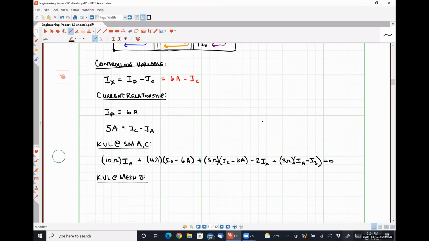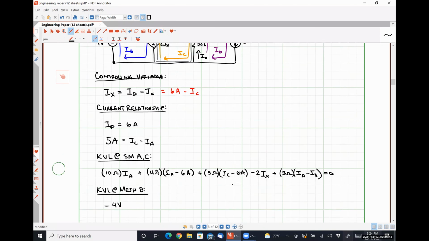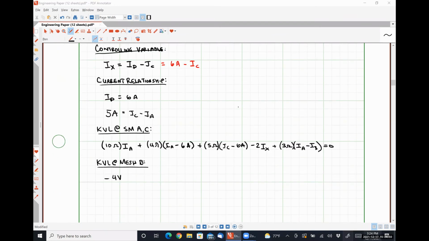We see the negative polarity terminal first. Carter, what comes next? 3 ohms times IB minus IA. Absolutely correct.